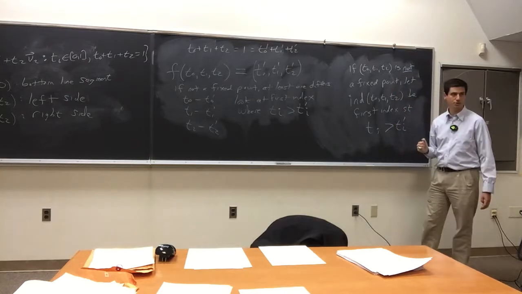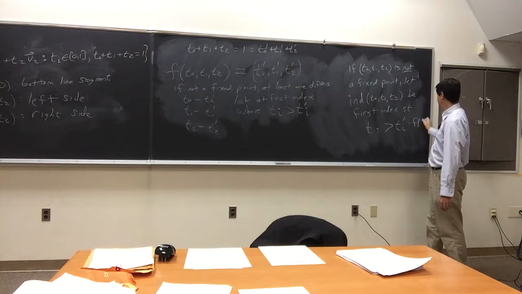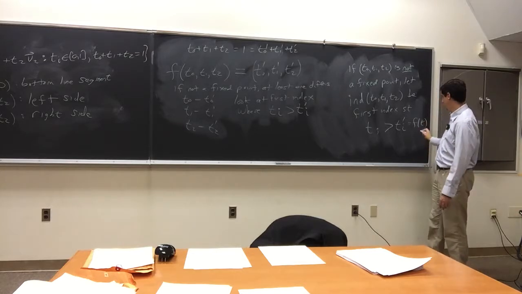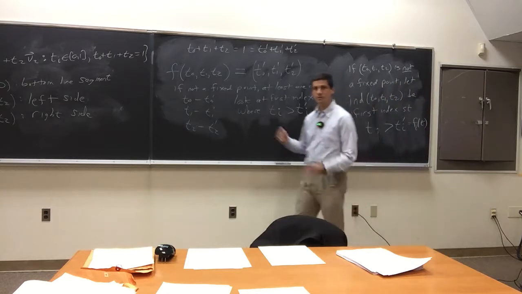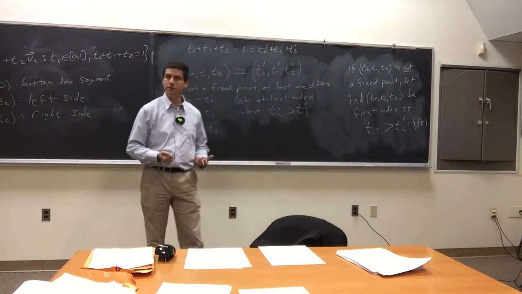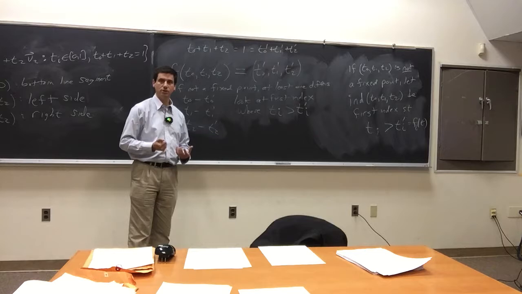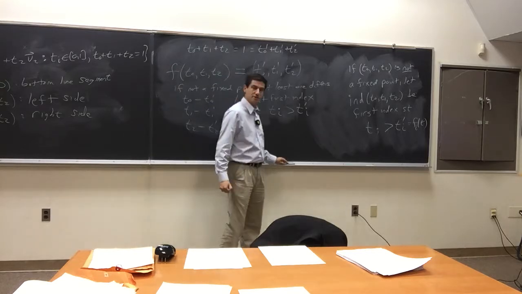And ti prime is the output, that's going to be the f of the t's, the ith component. Okay? So is everyone clear? If I'm not at a fixed point, just assign the value of the first index that differs.